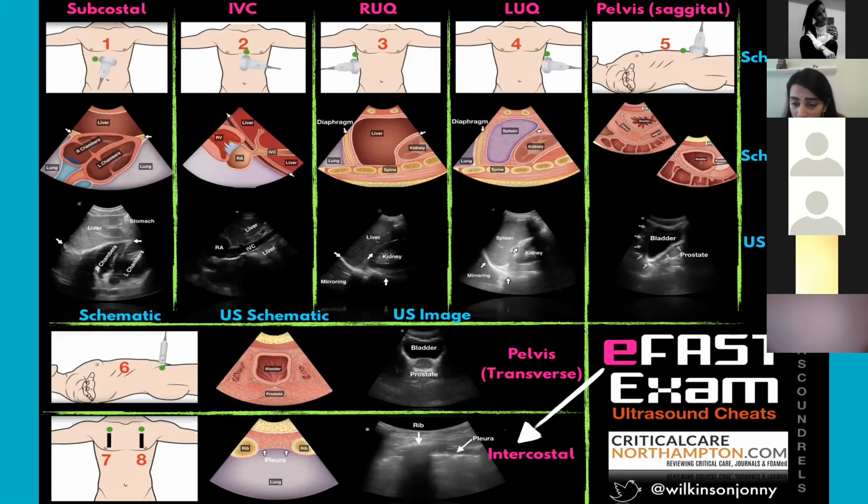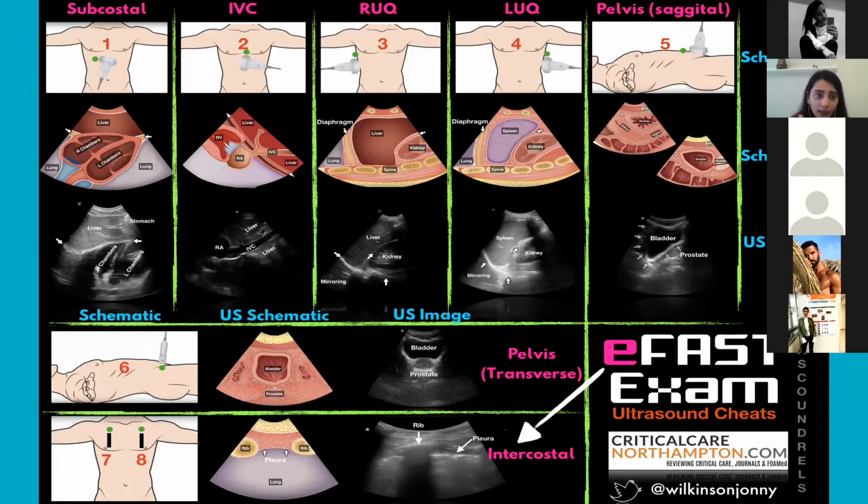And the EFAST is called an extended FAST because of the last views, which are the bilateral lungs, and you can see in the lungs if there is lung sliding. There's appropriate lung sliding, which looks like what you see at the rib here. You have the pleura here, and this pleura kind of has a shimmering look on the ultrasound.